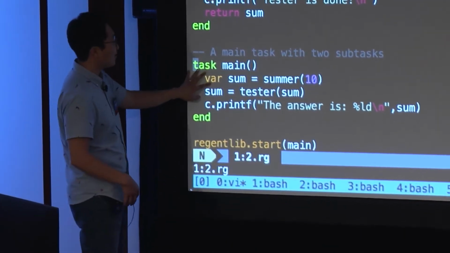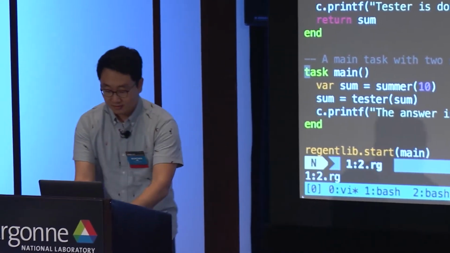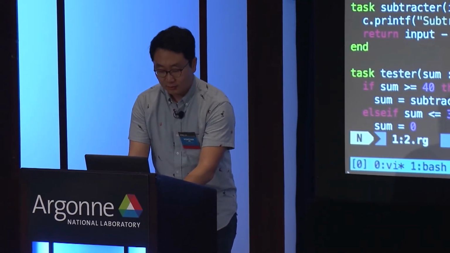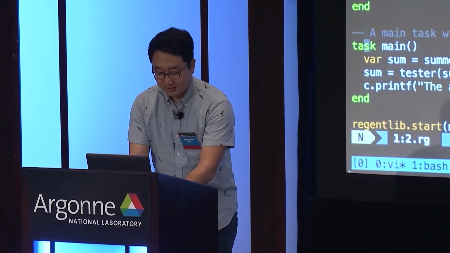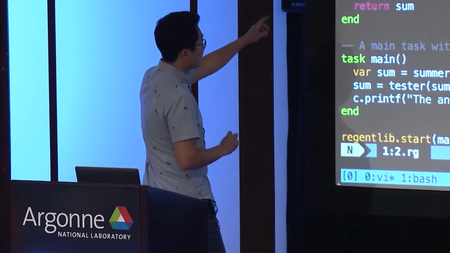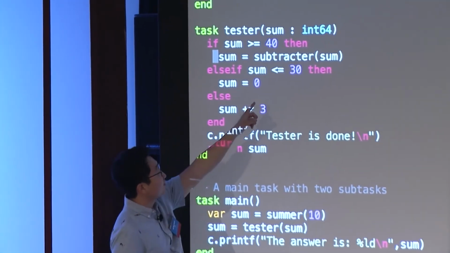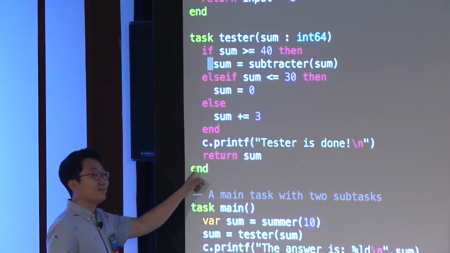When the summer task starts executing, summer will sum the value and return. And in the tester, you see that because we know that the sum value is greater than 40, the tester will launch the subtractor. And then it finishes.